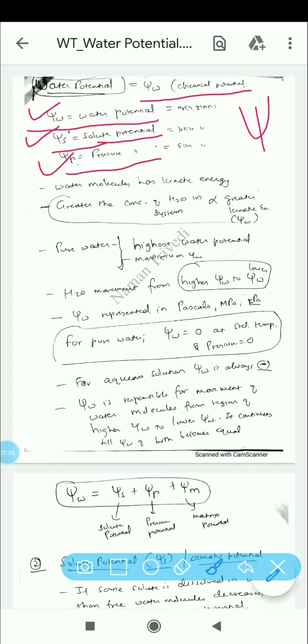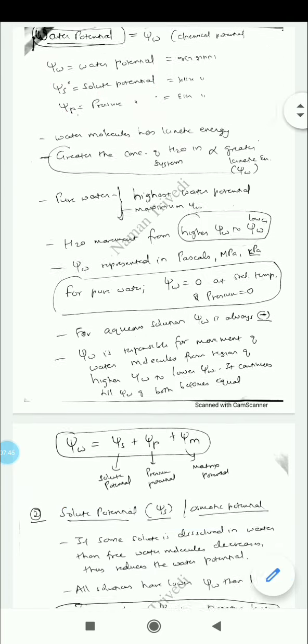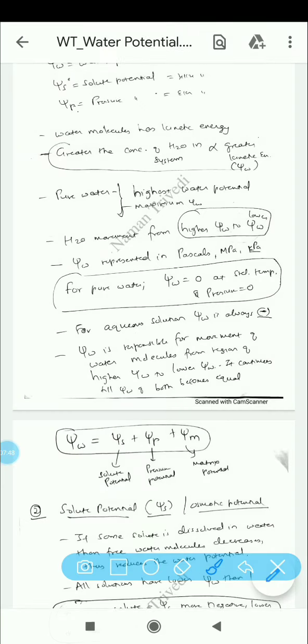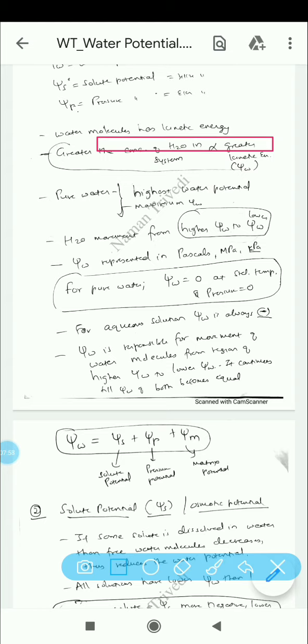Now as we know, water molecules possess kinetic energy. This energy is in relation to the concentration of pure H2O molecules in the system, as you can observe over here.